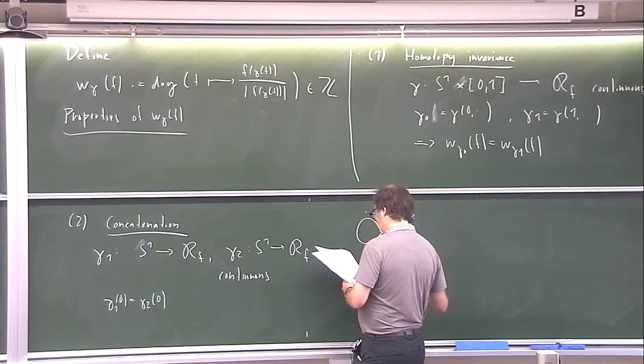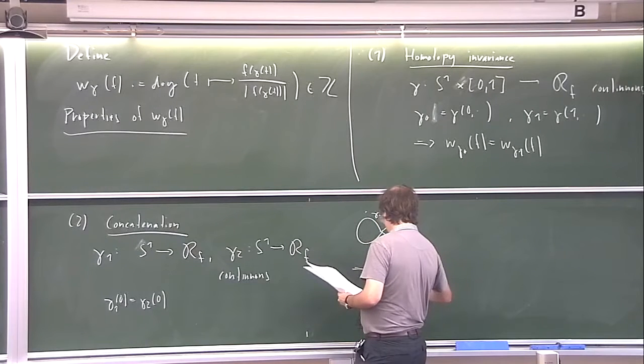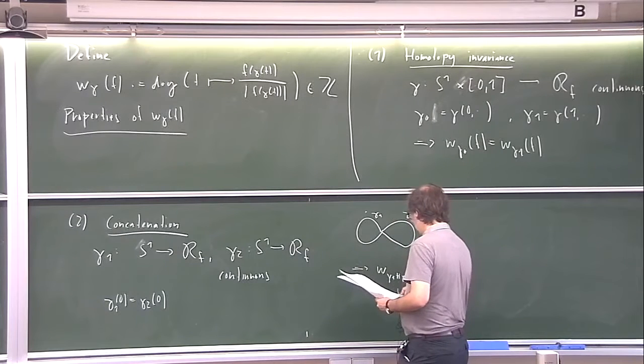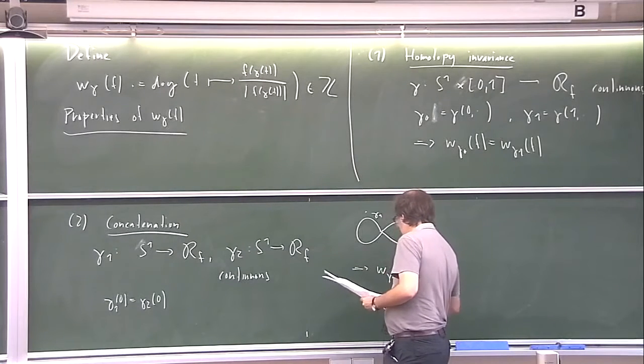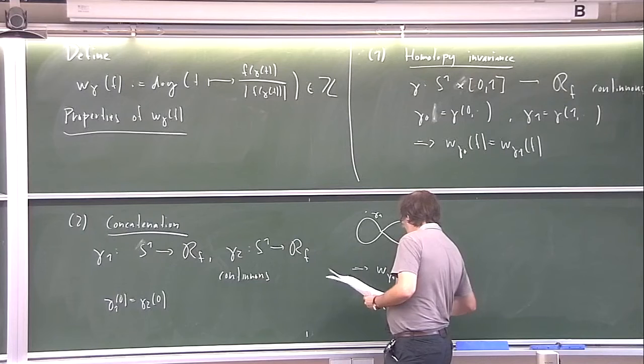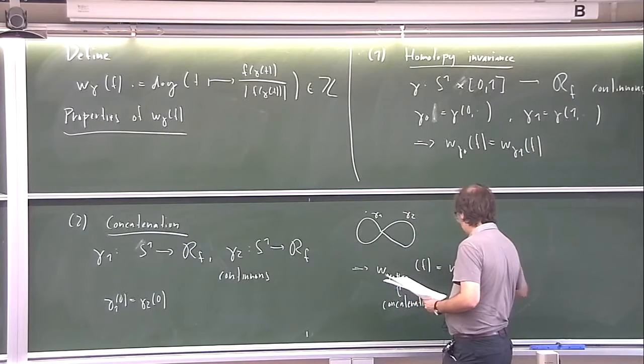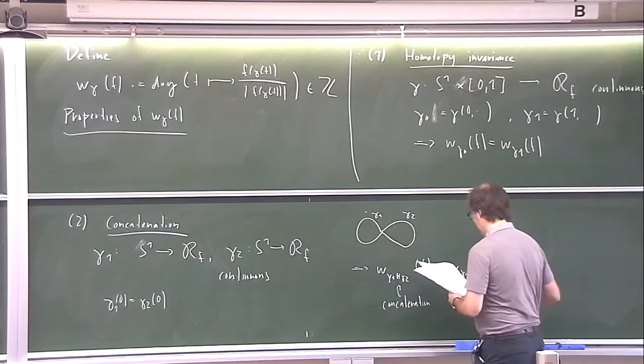We concatenate gamma 1 with gamma 2, that's concatenation. This is additive. Degree is additive under concatenation.